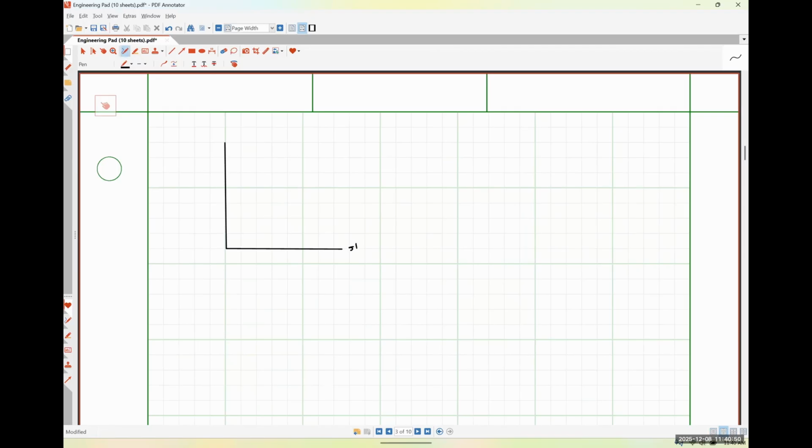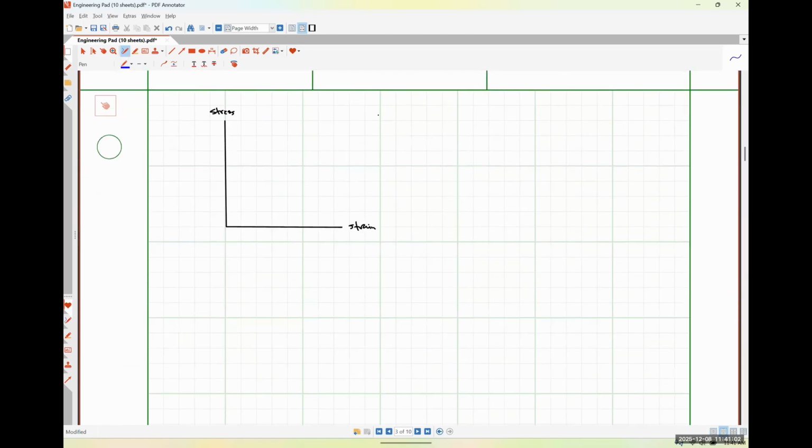So once again, strain on our x-axis, stress on our y-axis. Here we've got all our linear region. Then we're starting to get into the plastic region and it snaps.